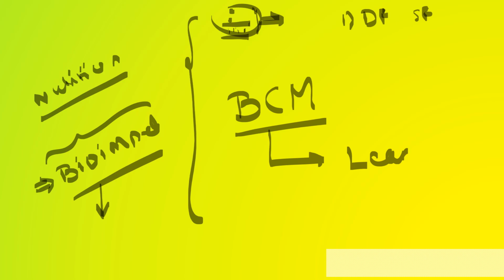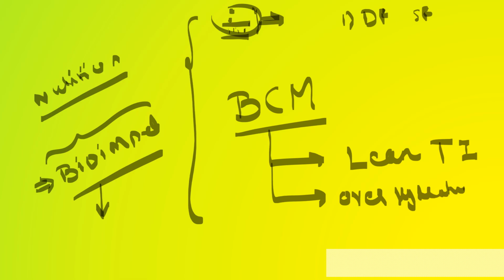lean body mass or lean tissue index, overhydration, that is how much more water there is in the patient's body, and fat tissue mass. This is what the body composition monitor is going to give you in the report, with which we are going to judge whether the patient has adequate nutrition or not.